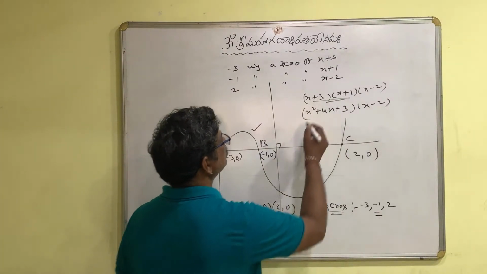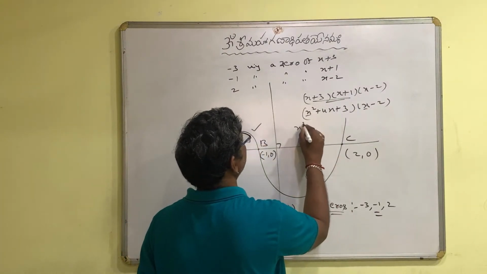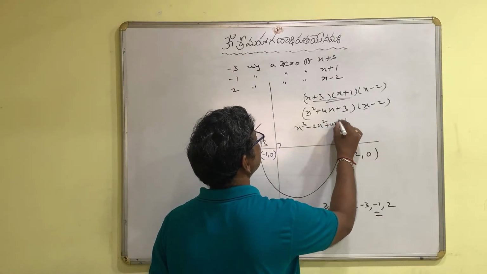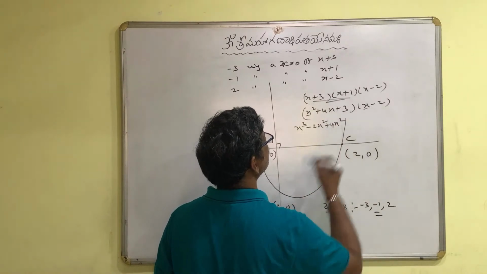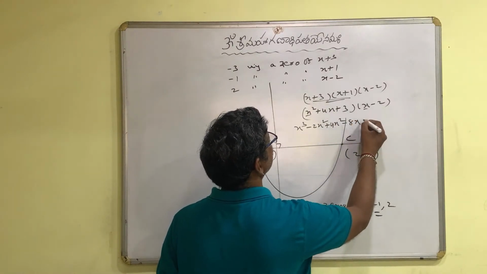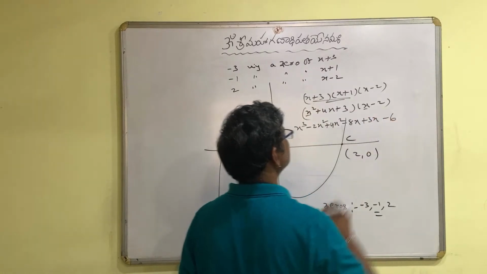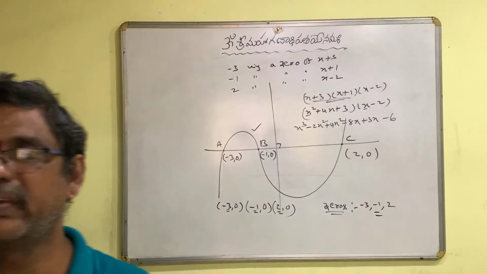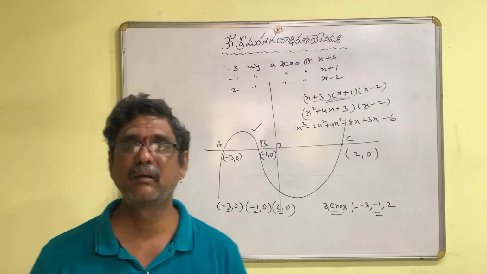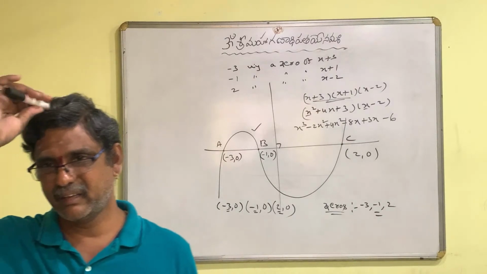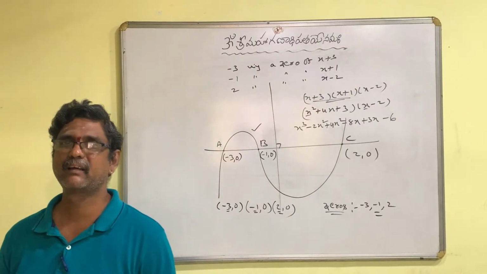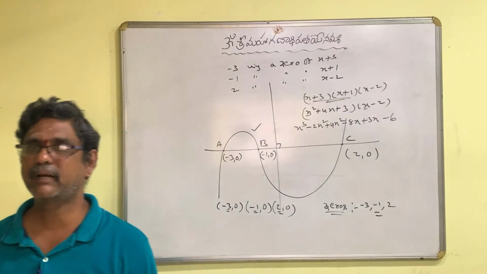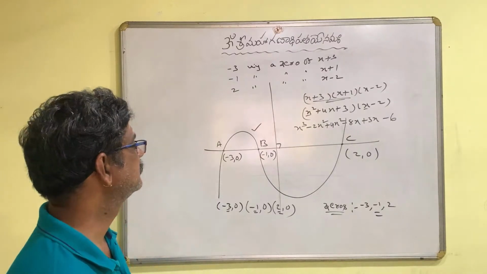Again multiply these two: x cube minus 2x square plus 4x square minus 8x plus 3x minus 6.